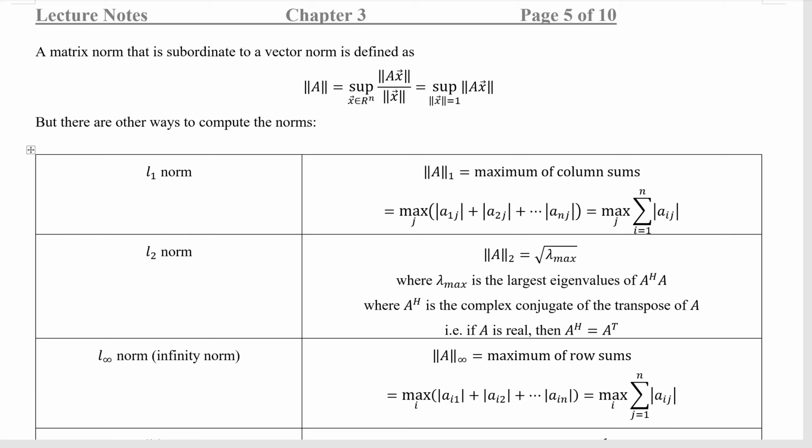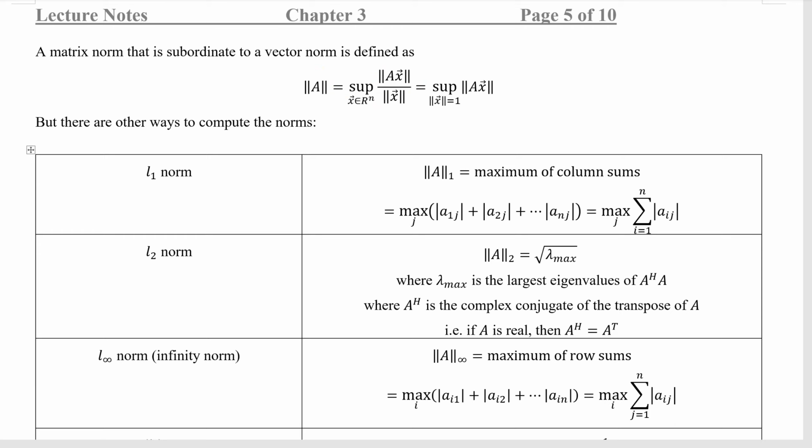This means, think about all vectors in Rn. We let the matrix A act on this vector. And usually A is an n by n matrix. And here x is a vector in Rn.